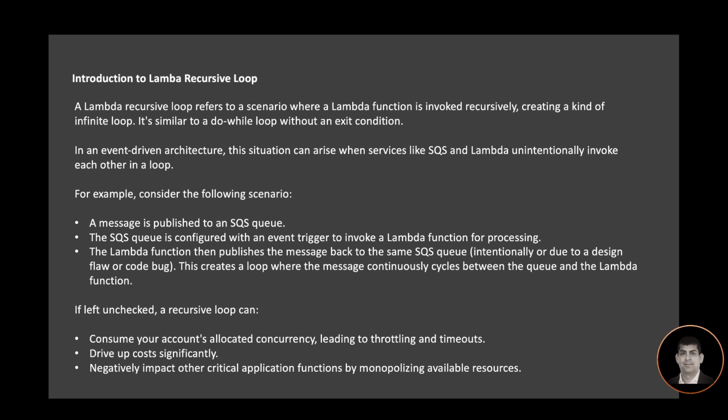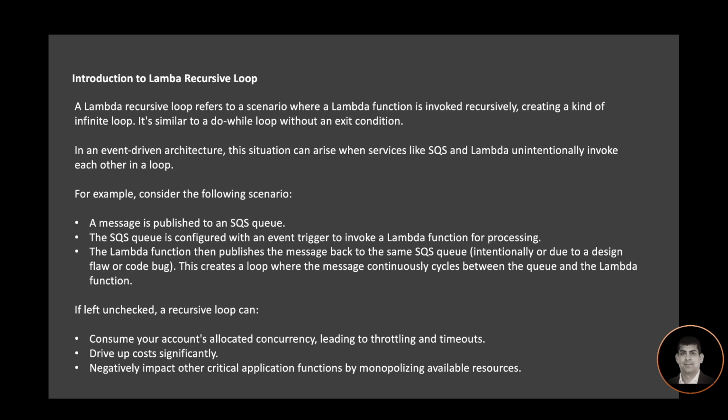In an event-driven architecture, this situation can arise when services like SQS and Lambda unintentionally invoke each other in a loop. For example, consider the following scenario. A message is published to an SQS queue. In our architecture diagram, this queue was the contact queue.